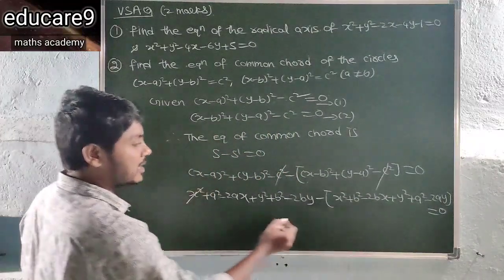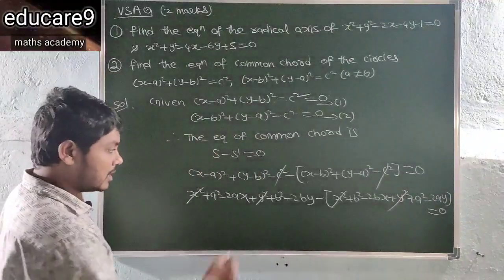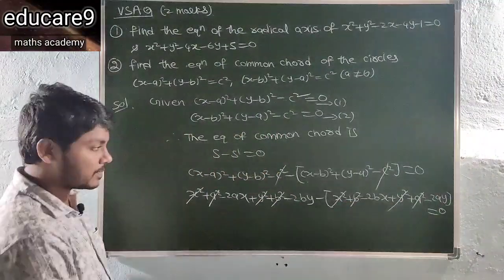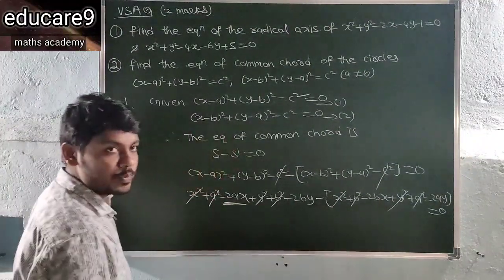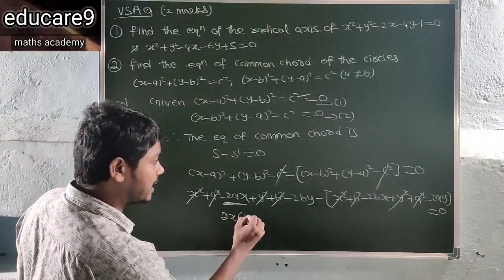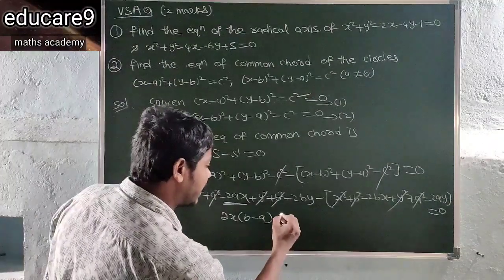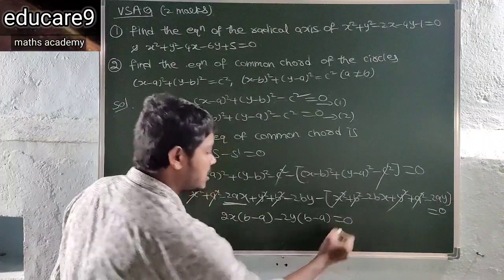So clearly x square and y square get cancelled, and a square, b square, here also b square, a square, both get cancelled. Minus 2ax and plus 2bx. So in that 2x is common, you will get b minus a. So clearly in that minus 2y is common, you will get b minus a equals 0.